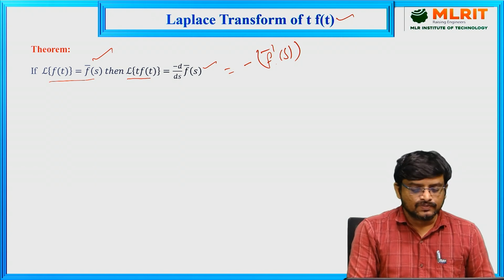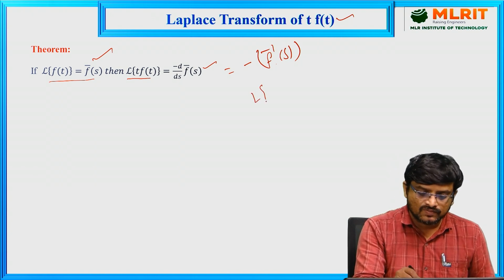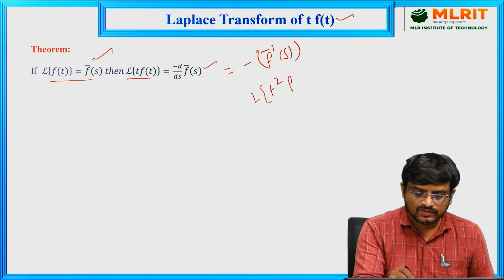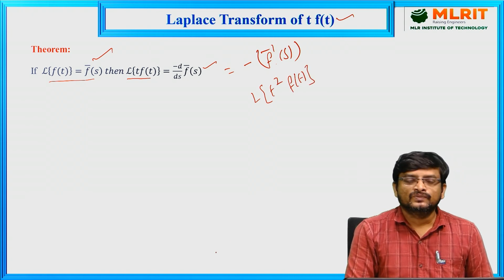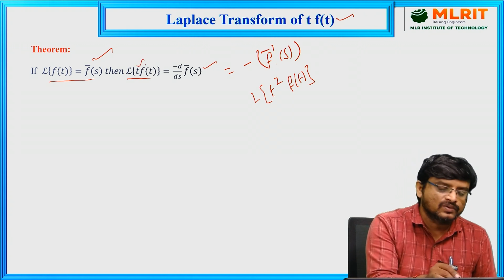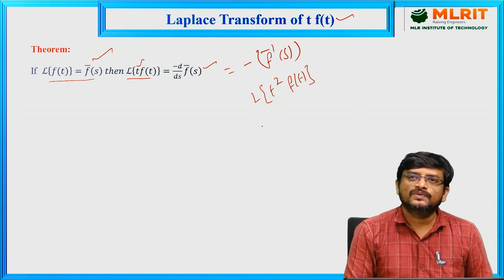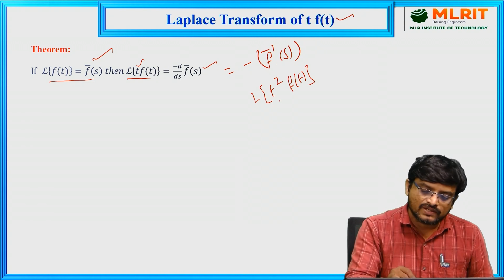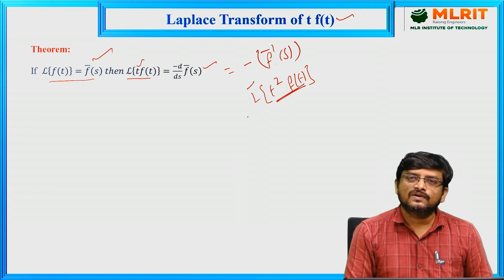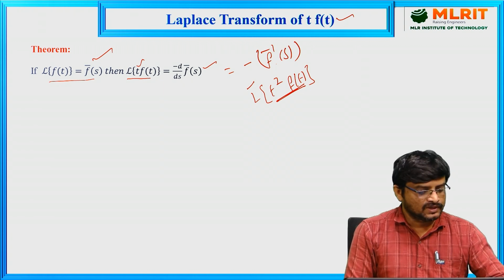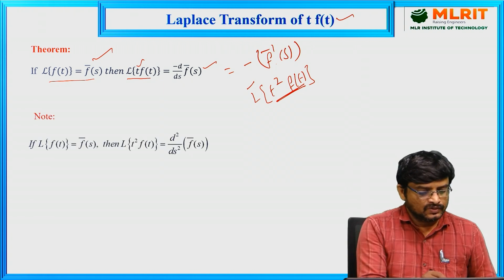f bar dash of s is nothing but the derivative of this function with respect to s. Similarly, suppose you have the Laplace transform of t square into f of t. Here f of t is multiplied with only t, but if f of t is multiplied with t square and you want to find the Laplace transform, what formula do we take?